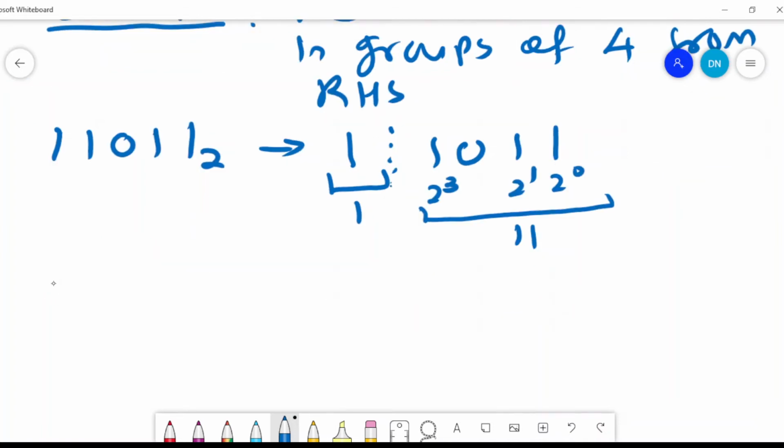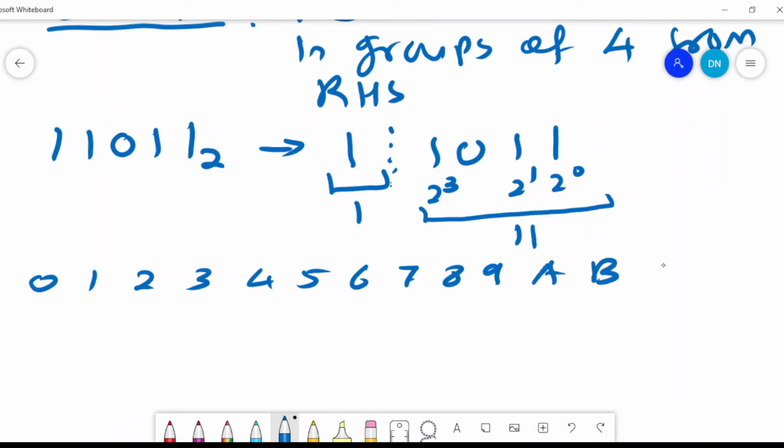We say that our numbers will be 0, 1, 2, 3, 4, 5, 6, 7, 8, 9. Then we have A, B, C, D, E, and F. So this is like our 10, this is like our 11. So this becomes 1B to base 16. So the hexadecimal equivalent is 1, B, because this is 11, which is a B, to base 16.